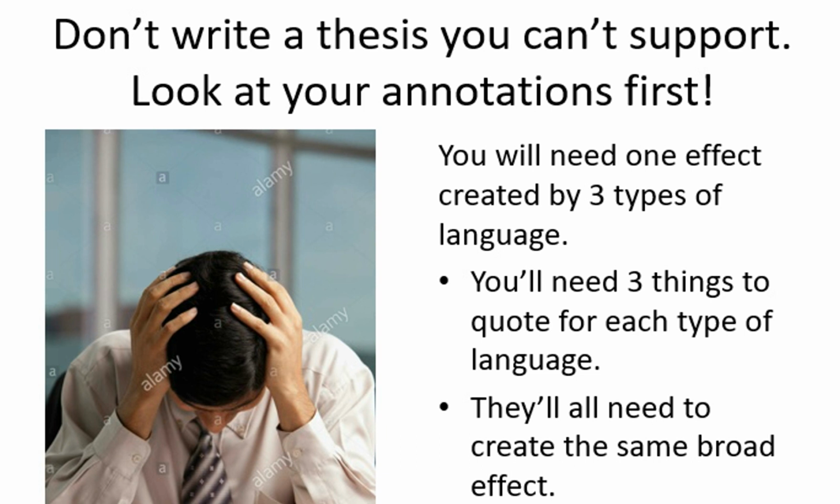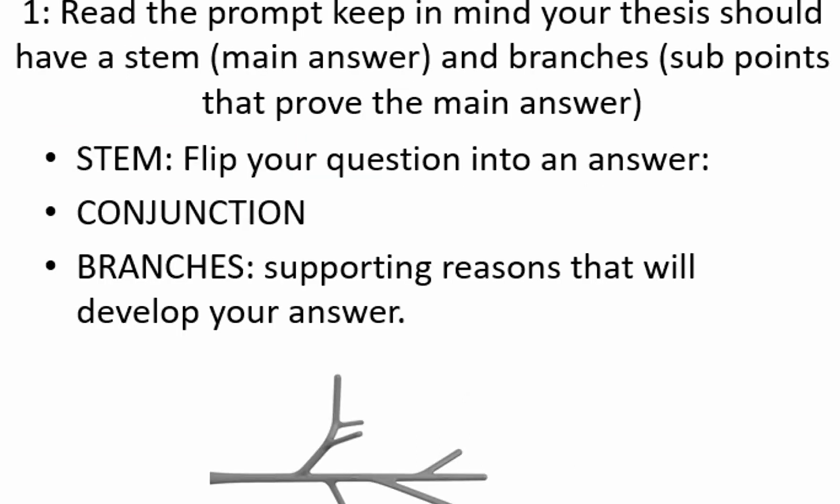So when I think about a thesis, I think about a tree, actually, because there are 3 branches, really, like 3 types of language. But it all has to come back to that stem, like the trunk of a tree. So I think of the stem, like this little gray tree here, as the effect. Everything relates to the effect. Everything is connected to the effect.